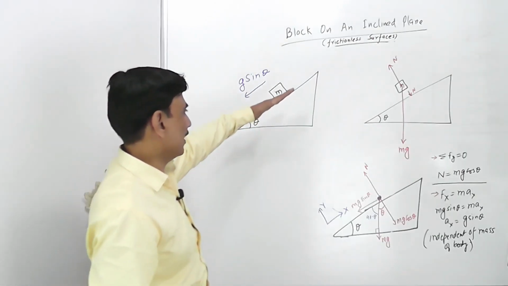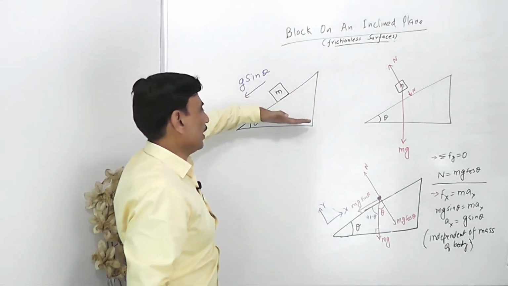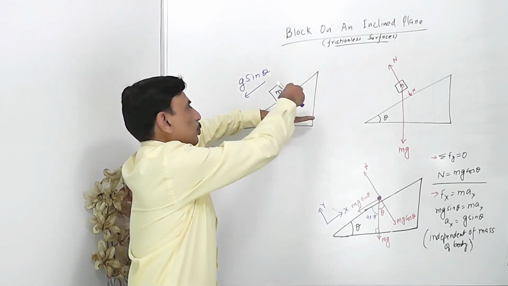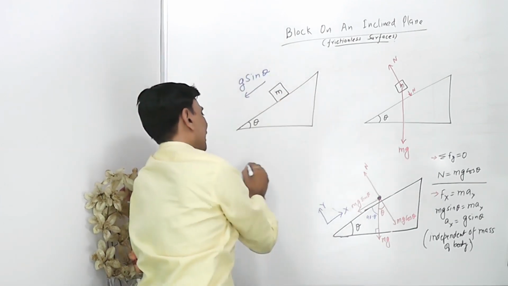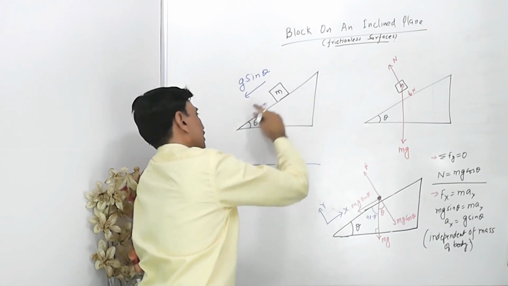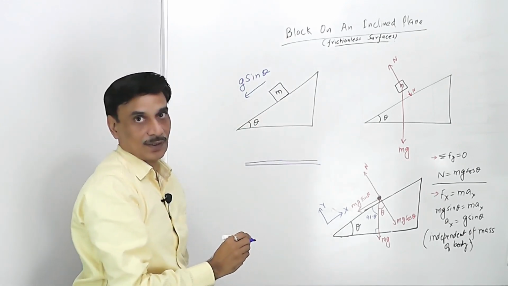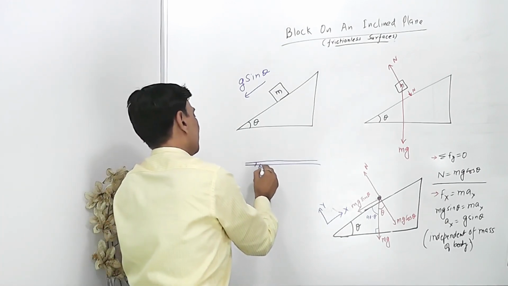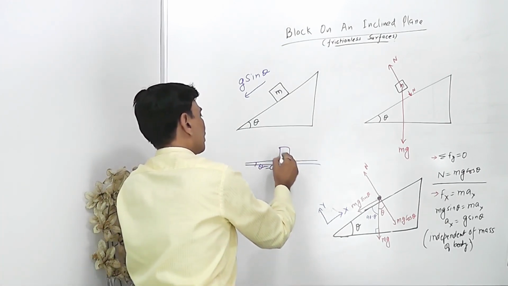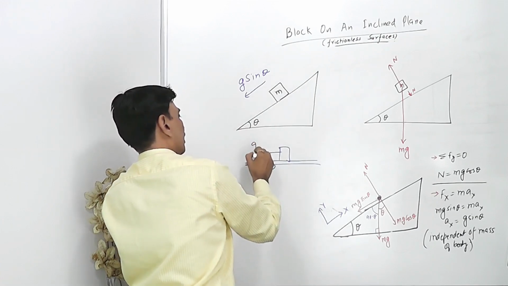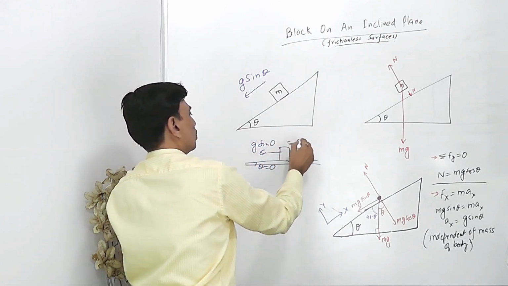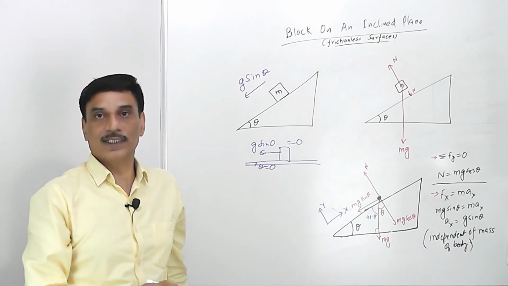Now let's understand, if the value of theta is very small, almost equal to 0, that is, if we have made this slope flat, horizontal, then theta comes out to be 0, and obviously the acceleration over here is g sin 0, which is equal to 0, because sin 0 degree is equal to 0.